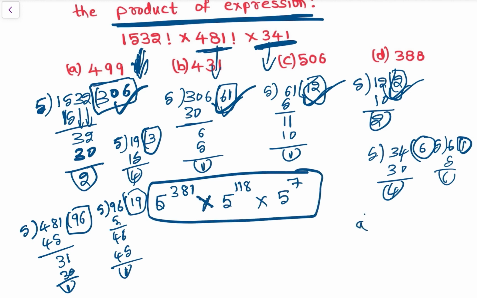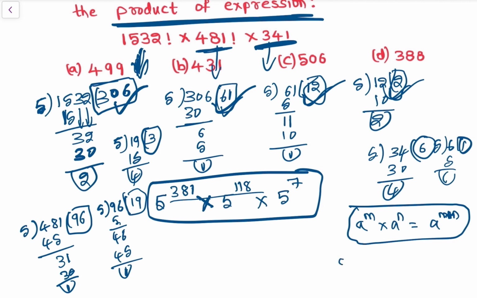So a to the power m into a to the power n is equal to a to the power m plus n. Okay, a to the power m plus n. So this is the formula. While doing this we will solve this. Okay, so a to the power m plus n. Now look, for these three also, like a to the power m into a to the power n into a to the power o, so a will come to the power m plus n plus o.